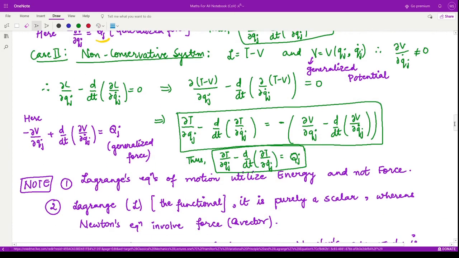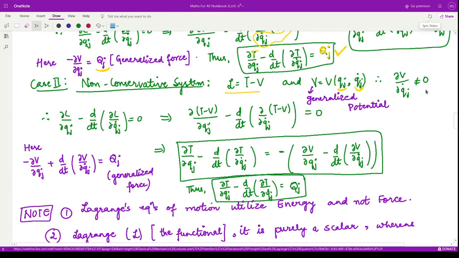Now for the non-conservative case, again we have L is equal to T minus V, but now V here is the generalized potential and it depends upon the generalized coordinates and generalized velocities, the derivative of generalized coordinates. So in this case, this quantity is not equal to 0.